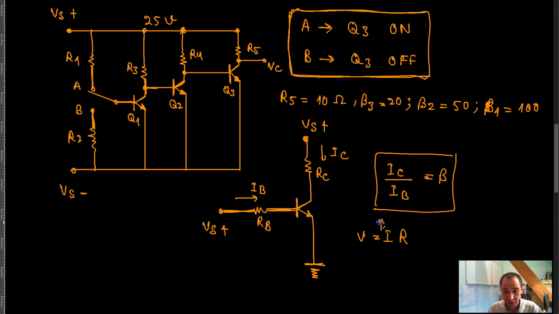If I increase this I, which I can do using this transistor by making some arrangements in the base path, then this voltage has to rise. If I decrease this current, this voltage has to decrease as well, which means that the voltage drop across this resistor can actually be controlled. That's what a transistor actually does.